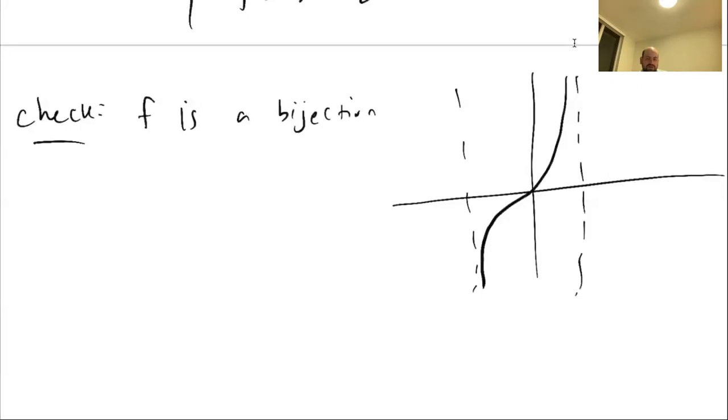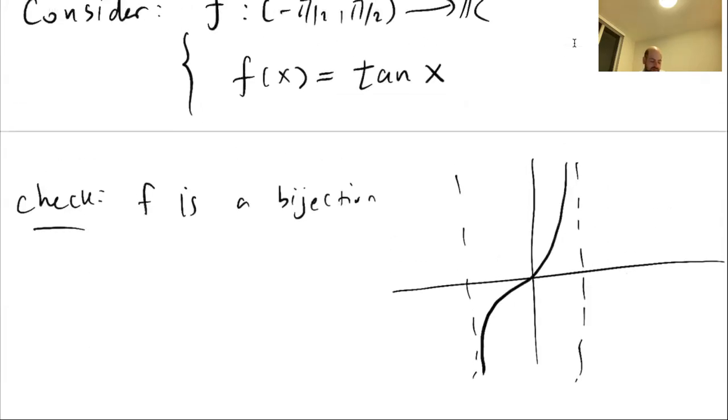So the function is onto, and it also passes the horizontal line test, so it's 1-to-1 as well. But this is all just from the graph, it's not a proof. If you need a proof, you have to do it with the formula and the definition of 1-to-1 and onto. I left it as an exercise, but I also gave you the intuitive reason why this function is a bijection: the graph looks like this, and therefore every y value is covered, and the graph passes the horizontal line test.